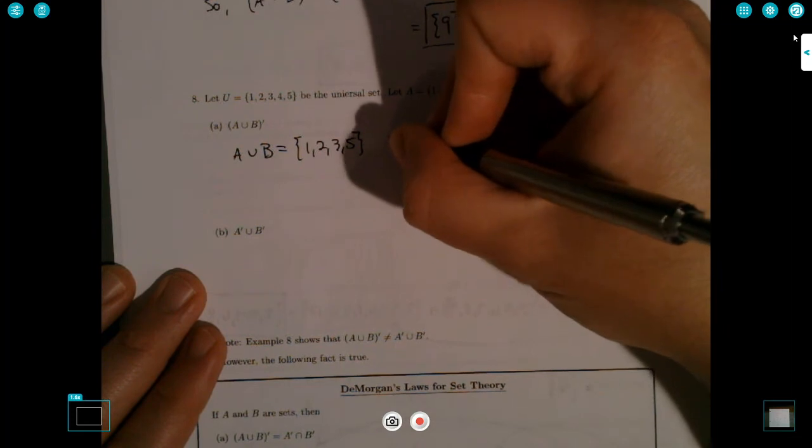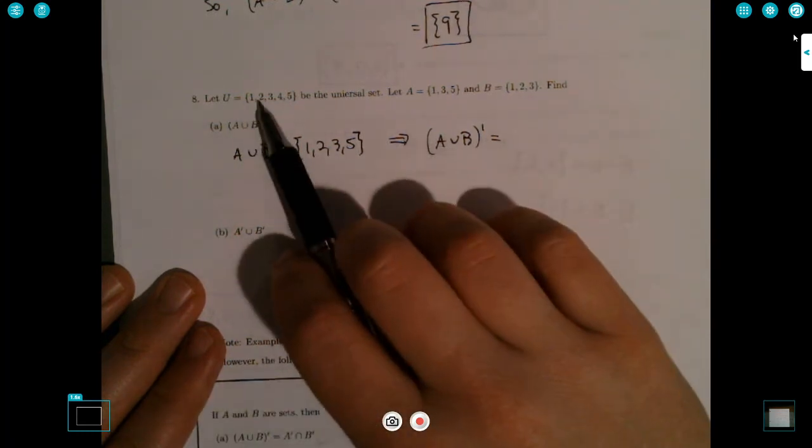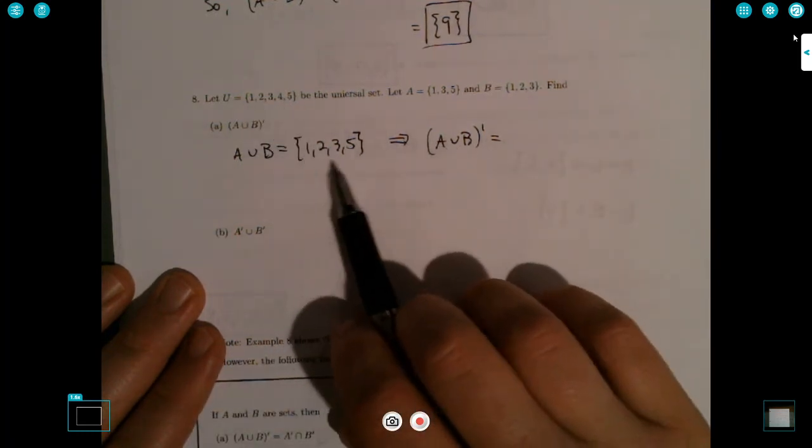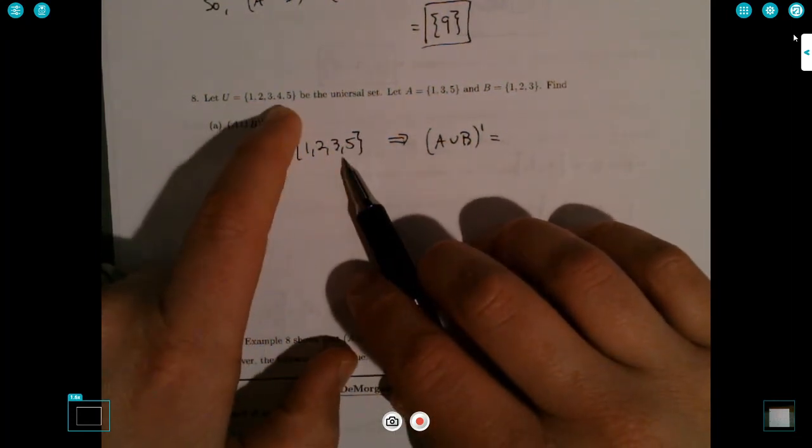If that's A union B, then A union B complement would be all of the stuff in the universal set that we're missing from A union B. So what are we missing here? We're missing a 4. So A union B complement is just 4.